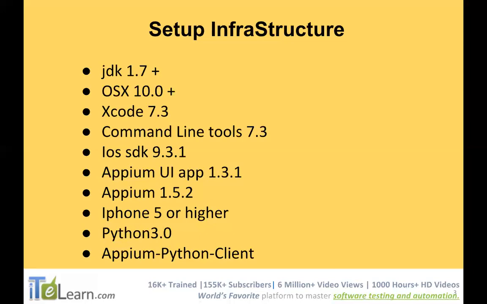If you see the point here, it's the 9.3.1 SDK, which comes in the command line tools of 7.3, and the same can be driven from Xcode 7.3. So the versions of Xcode and command line tools should be in proportion with what iOS versions you are going to work with, right?